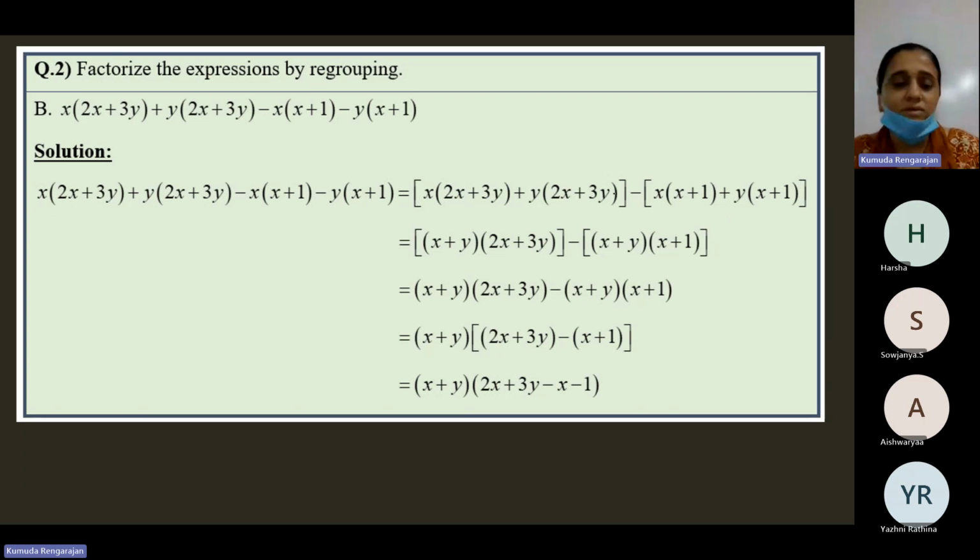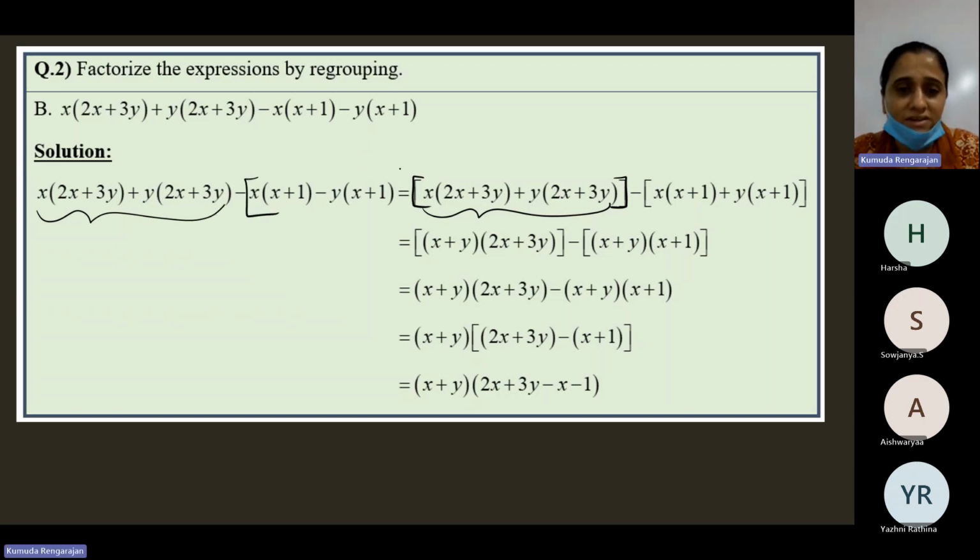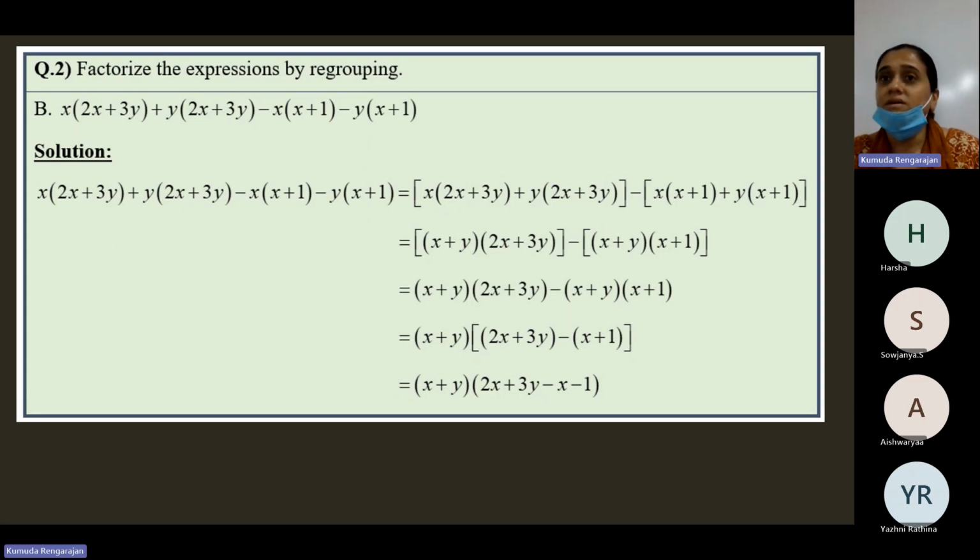You're going to insert brackets like this. When you put a bracket here, it doesn't matter because it remains the same. This one is the same as this one. But when you put a bracket here, the sign changes.